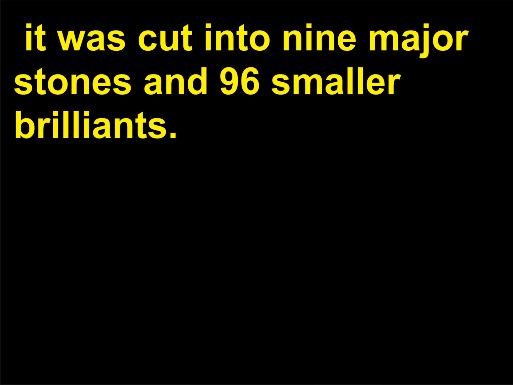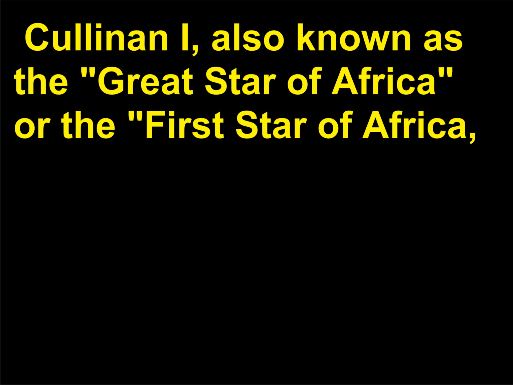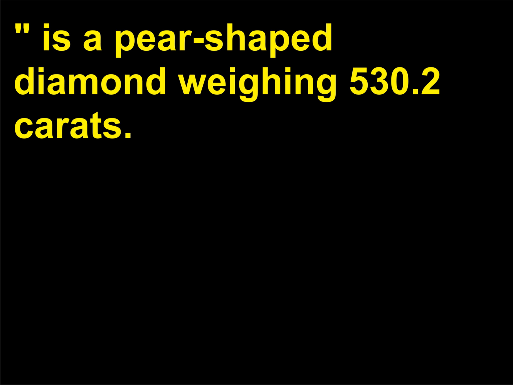It was cut into 9 major stones and 96 smaller brilliants. The total weight of the cut stones was 1,063 carats, only 35% of the original weight. Cullinan I, also known as the Great Star of Africa or the First Star of Africa, is a pear-shaped diamond weighing 530.2 carats.